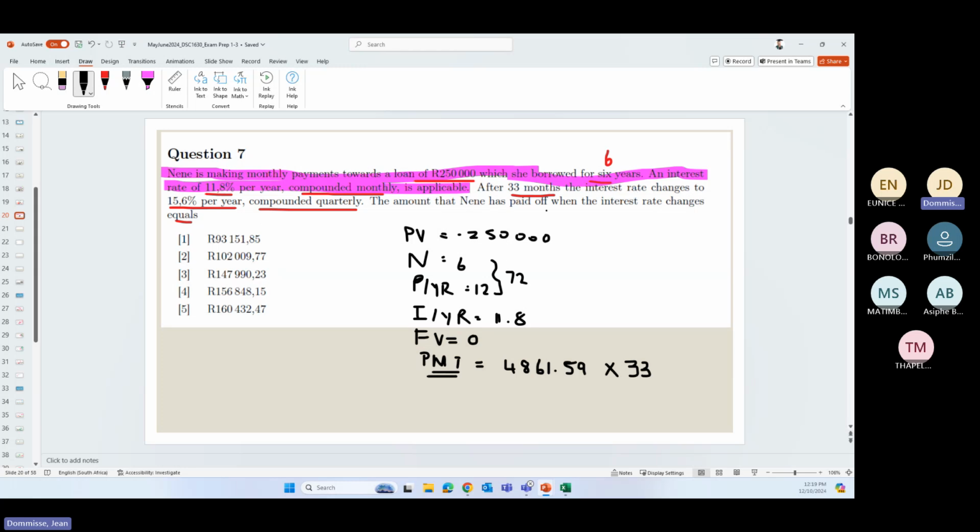The amount that Nene has paid off when the interest rate changes. So I would have said, so that was what she's making monthly. After 33 months, what has been paid off is 160,432.33.